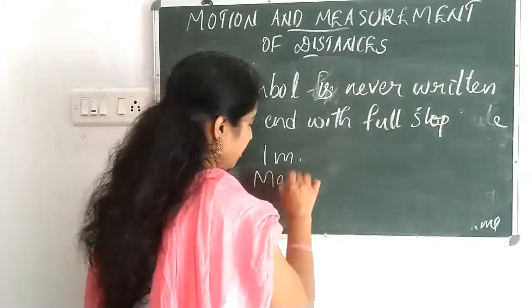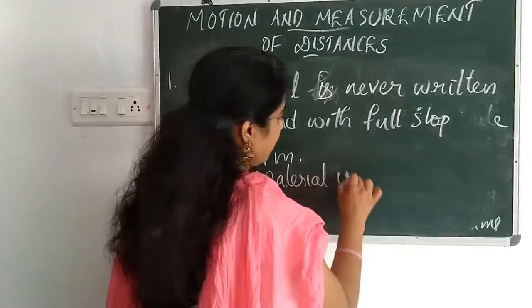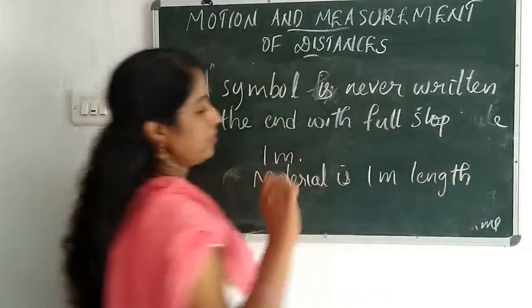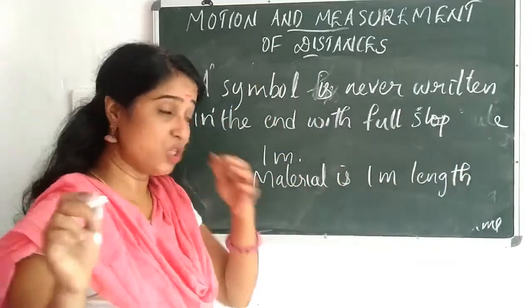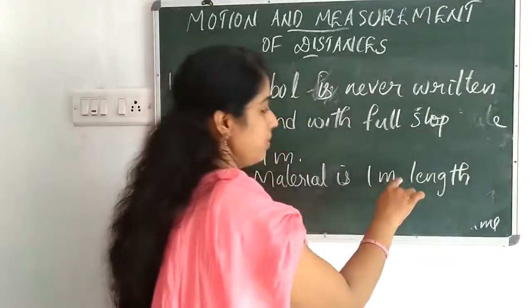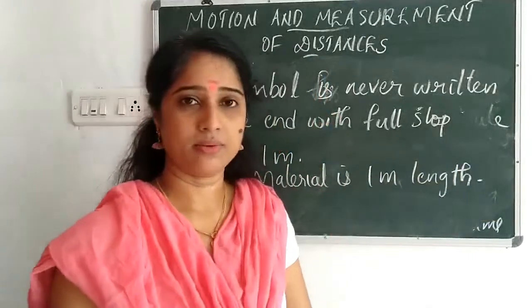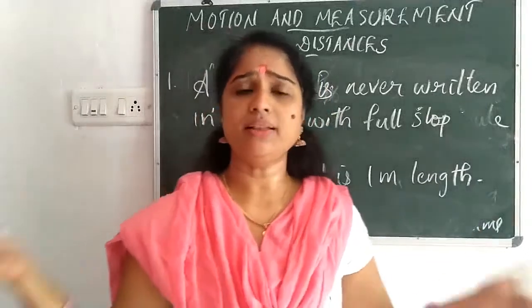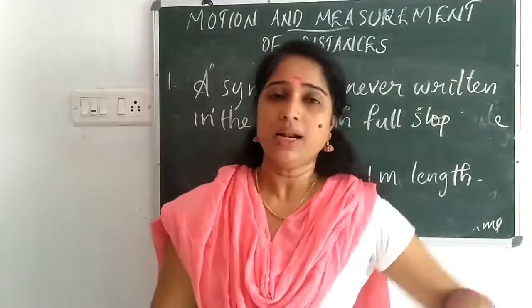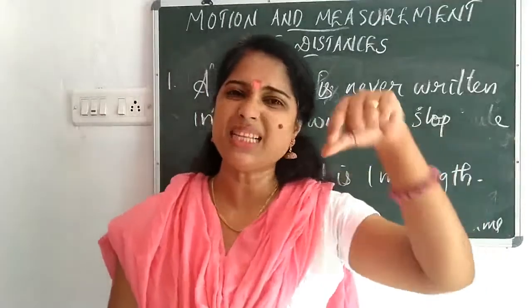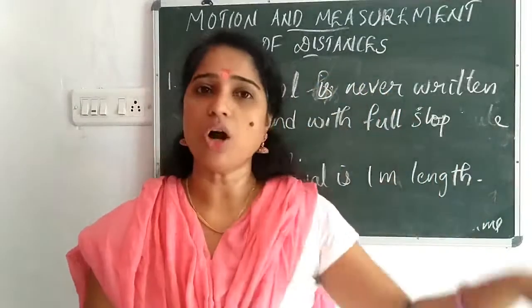This material is 1 meter in length. After 1 meter, please don't put the full stop. Where can we put the full stop? At the end. Normally, at the end of any sentence, we put the full stop. But if this symbol is in the middle of the sentence, please don't put what?